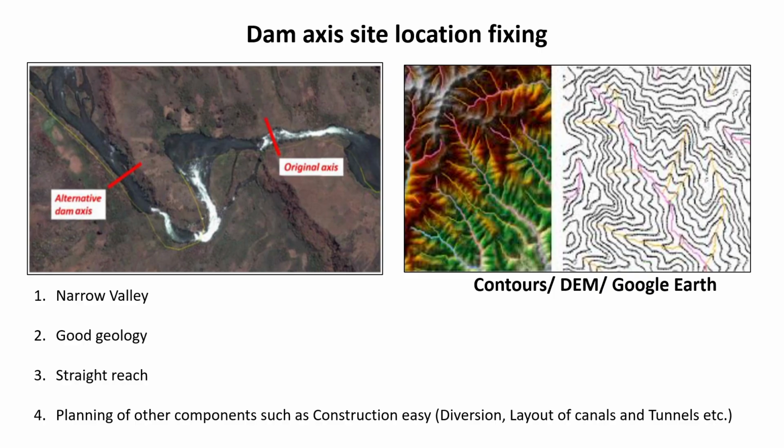Further, depending on the project layout, we have to consider the location accordingly. Where a huge diversion arrangement, tunnels, a powerhouse near the dam and so on are coming, the location should be sufficient or better compared to other alternatives. This way we can finalize one dam site among many alternative dam sites.